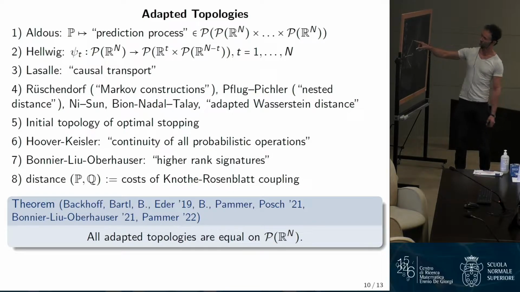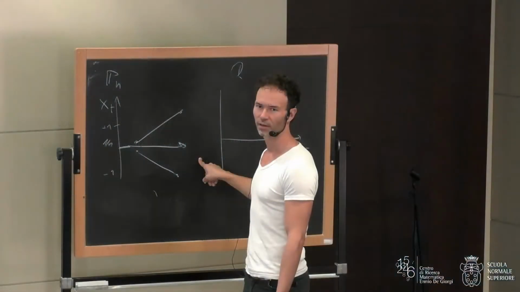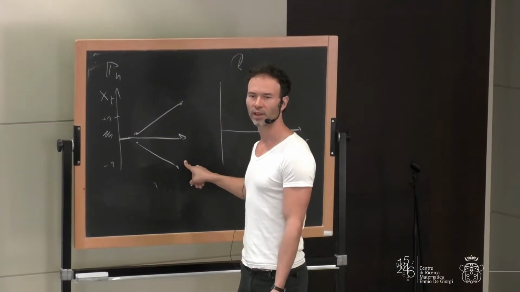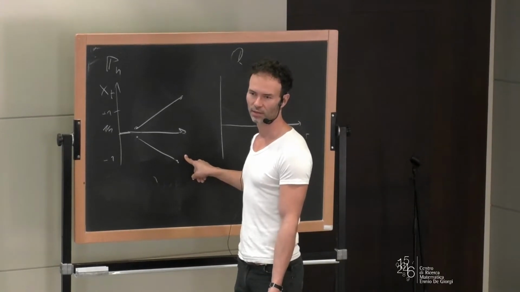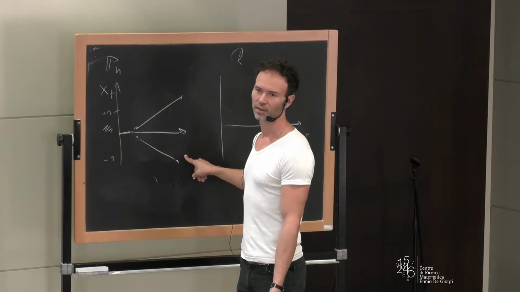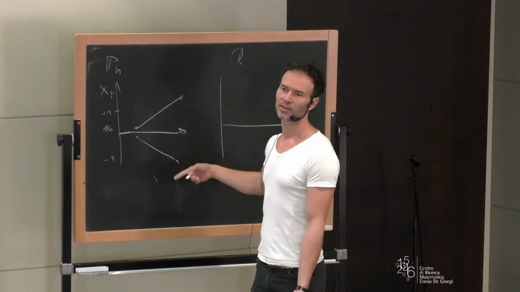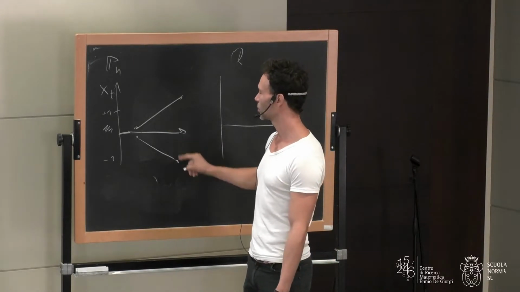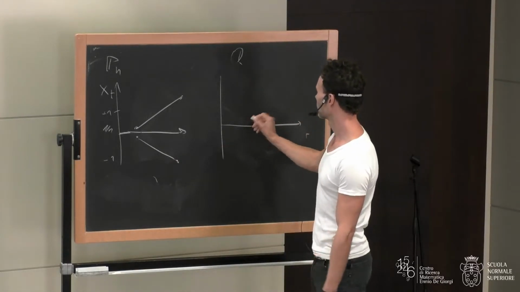If you look at these processes for different n, then those are a Cauchy sequence. And so if you are in a nice space, you should have a limit. So if you are in a complete space, these processes should converge to something.